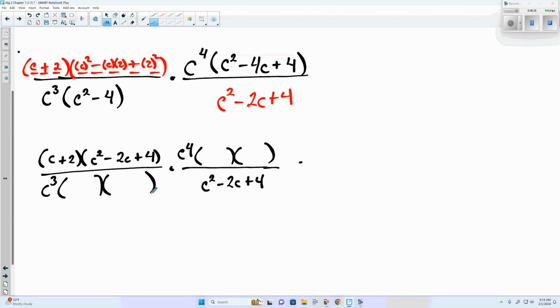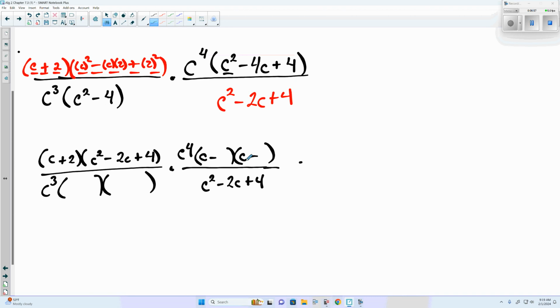Now we need to pick between our c squared minus 4 and c squared minus 4c plus 4. Which one of these do we want to factor first? It doesn't matter. We just got to pick one. So our numerator, c squared minus 4c plus 4. Third term's positive, so the signs are the same and match the sign of the middle term. Negative and negative. Factors of c squared, c and c.